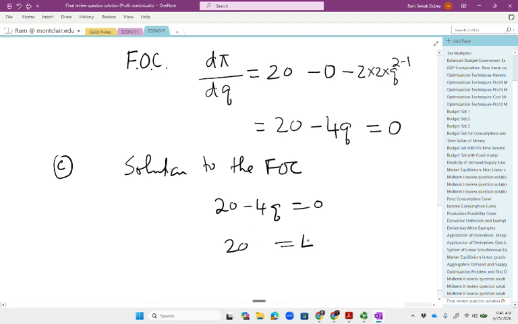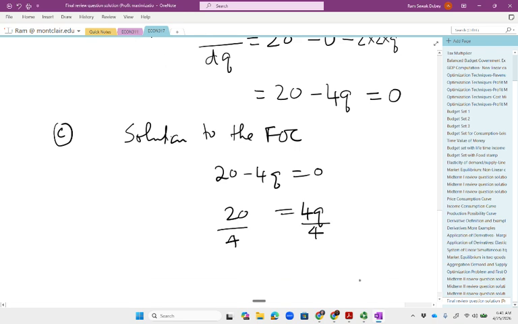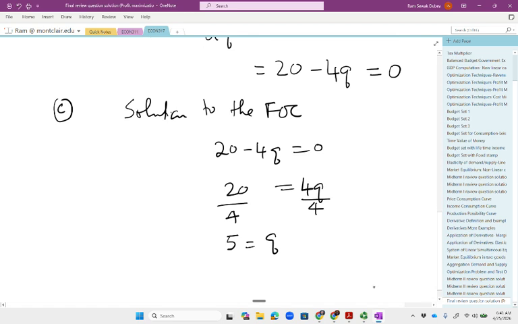So I get 20 equal to 4q. I can divide both sides by 4, and then what I have got is 5 on the left, q by itself on the right. So the solution to the first order condition is 5. I will write it as our candidate: q star is 5.